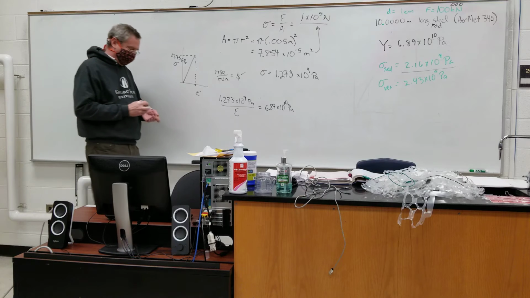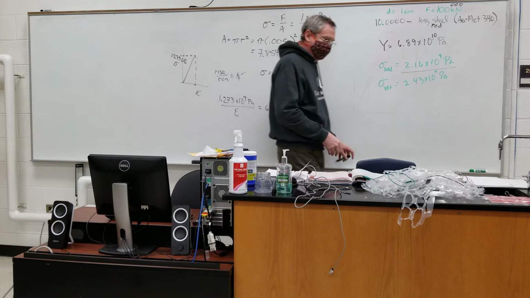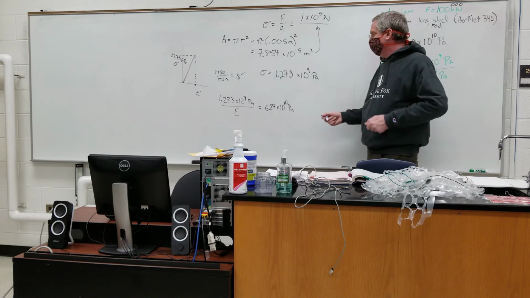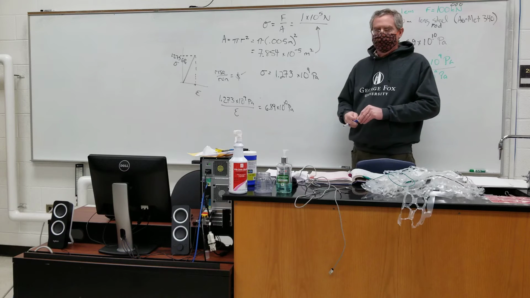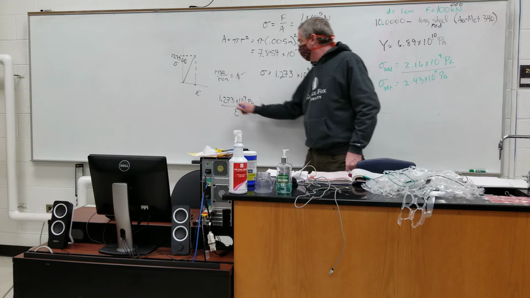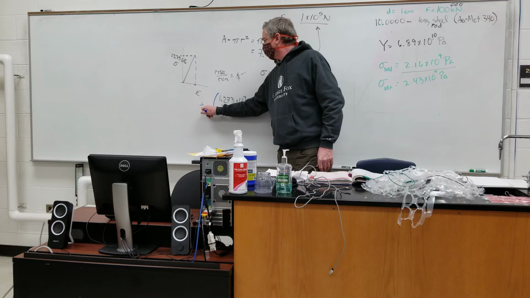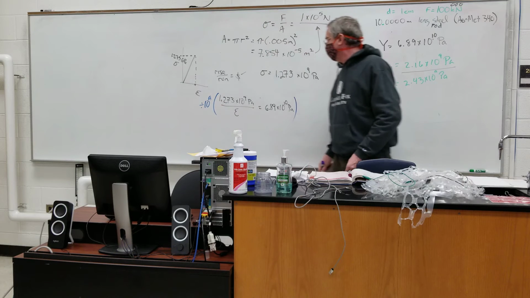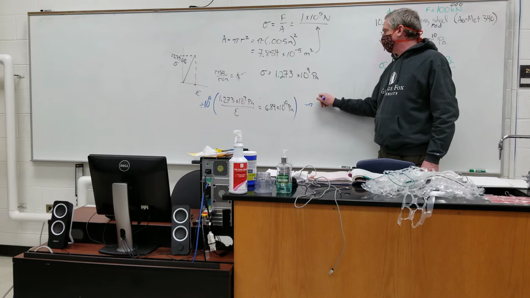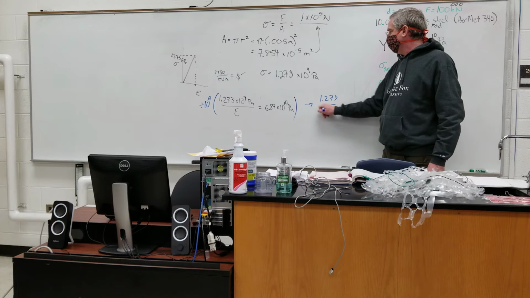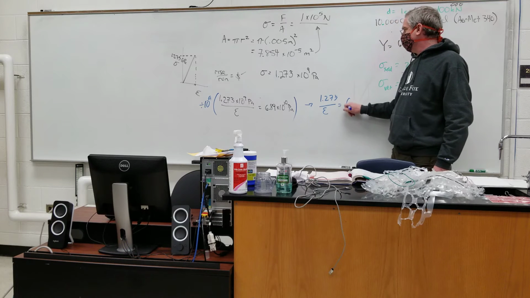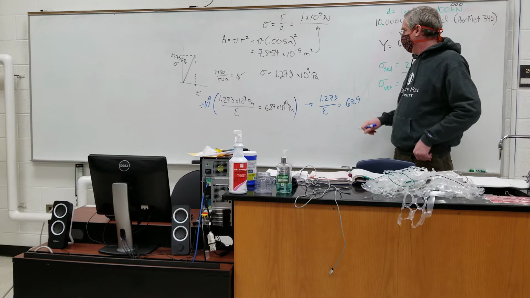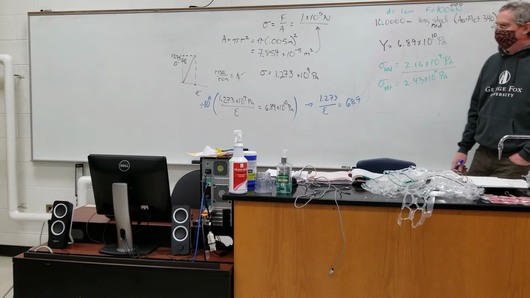We can simplify the math some. If I divide both sides by 10 to the 9th, this reduces down to 1.273 over epsilon is equal to 68.9, just to make numbers easier to work with.